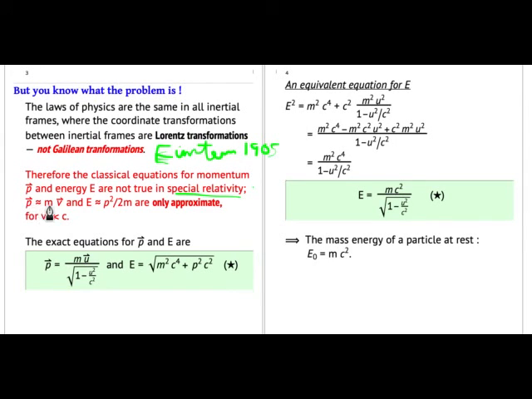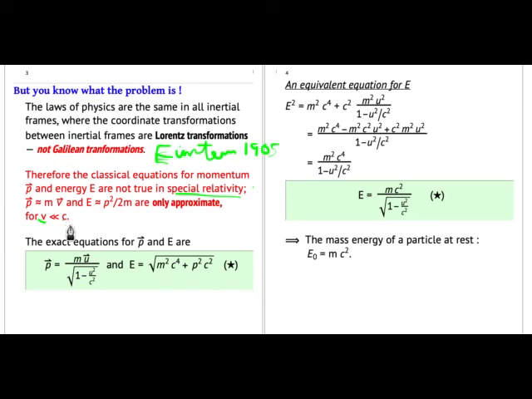P is approximately equal to mv. E is approximately equal to p squared over 2m. But those are only approximate. They're a good approximation if the velocities of the various moving objects, let's say particles in a collision, are small compared to the speed of light.